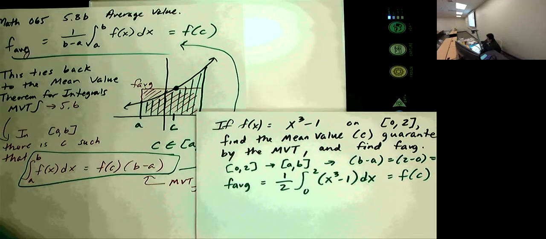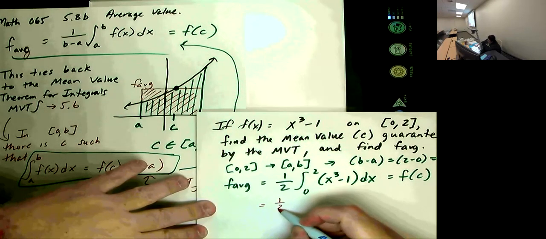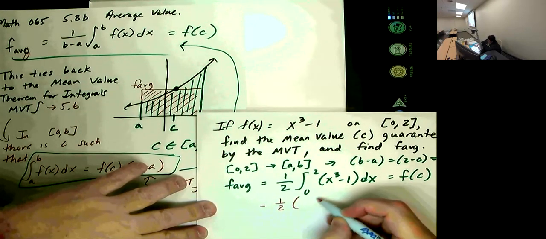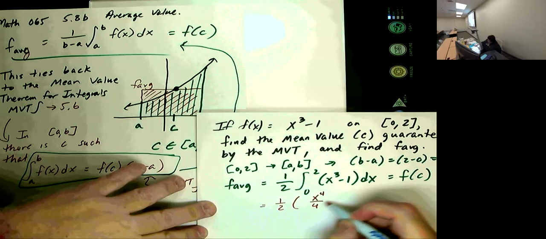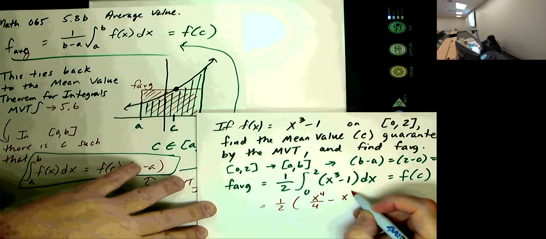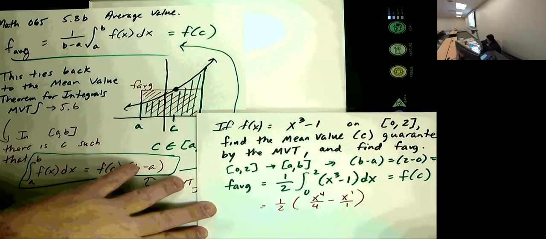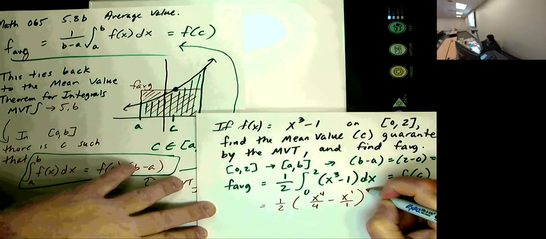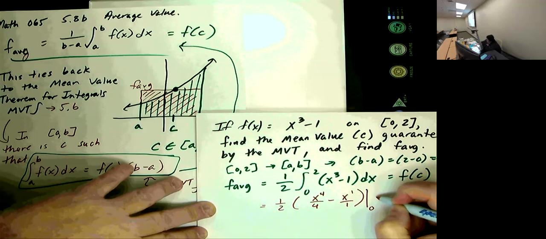Okay, so we do that integral, what do we get? This goes up to x to the fourth and we divide by 4. And this goes up to x to the first, we divide by 1, which obviously doesn't do anything there. And we're evaluating from 0 to 2.